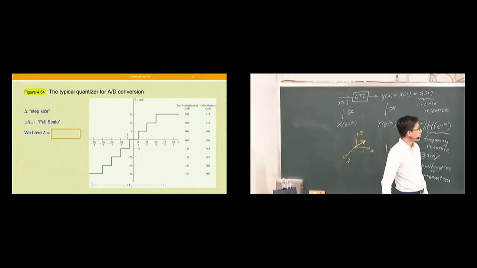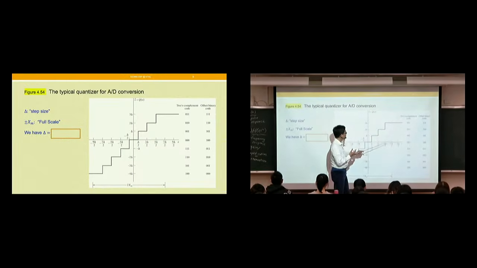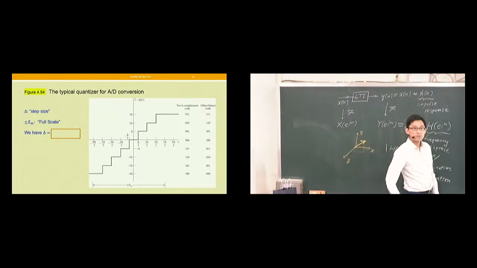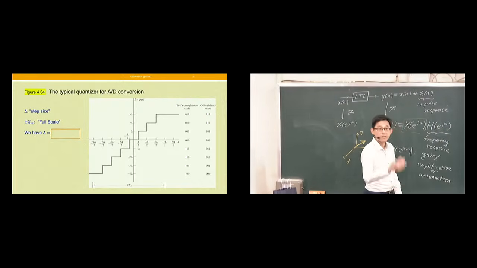Here, a bit more detail. Here we intend to do a 3-bit encoding. 3 bits means 8 levels. Because you have 3 bits, you have 8 different numbers. So 3 bits means 2 to the 3rd power, or 8 levels. That's the idea.